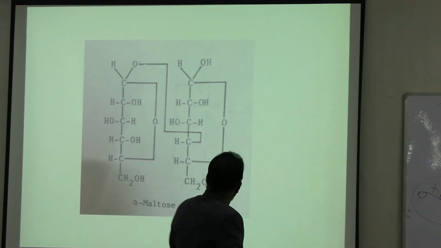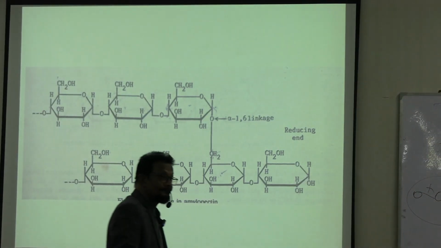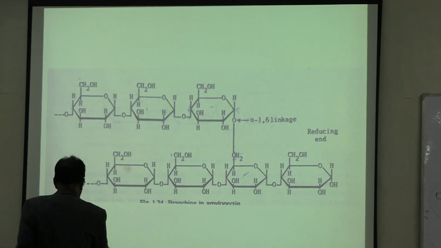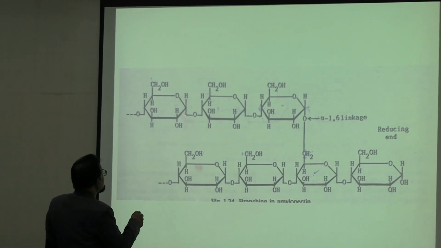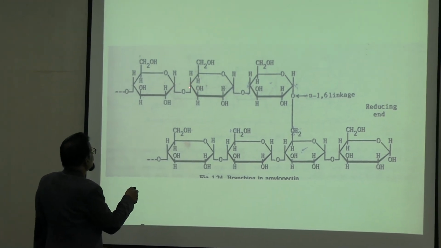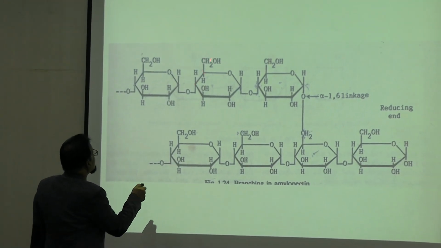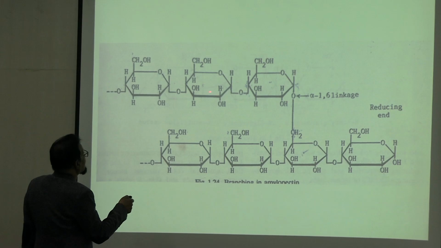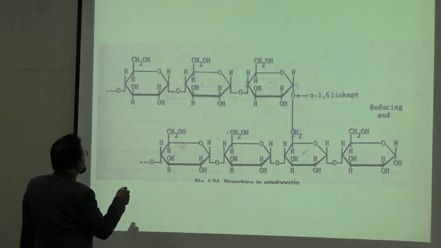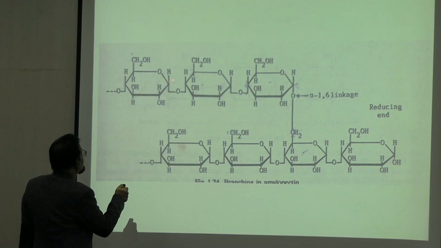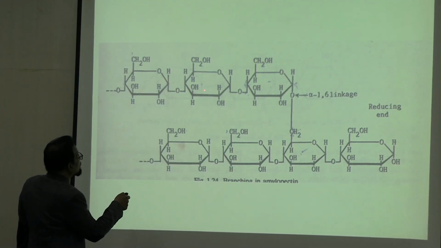Now see, glucose. This is the bond. This is the fourth carbon, 4th, 5th, 6th. First, second, third, fourth. And this is the first. So with this one bond is formed, 1,4-glycosidic bond. So this is one glucose.